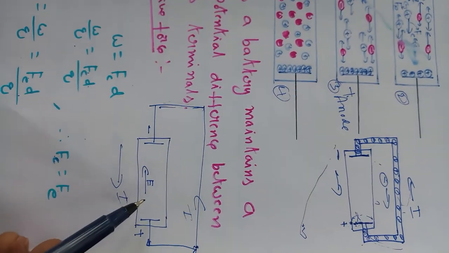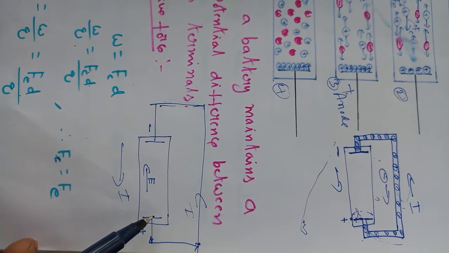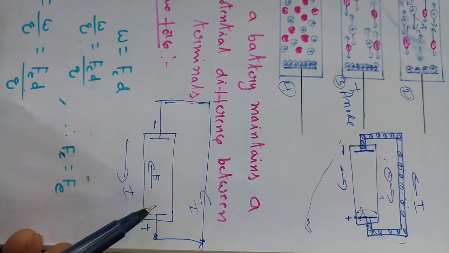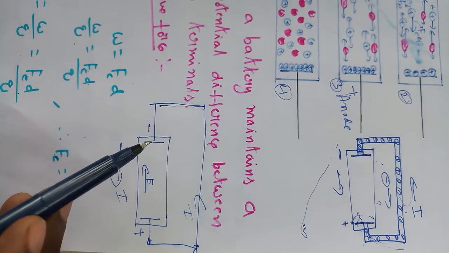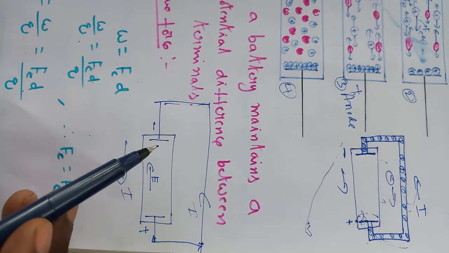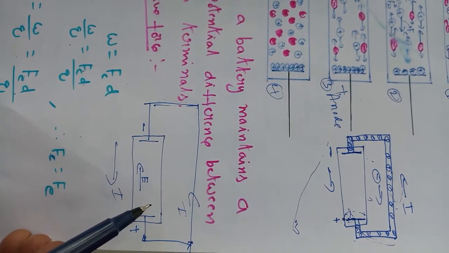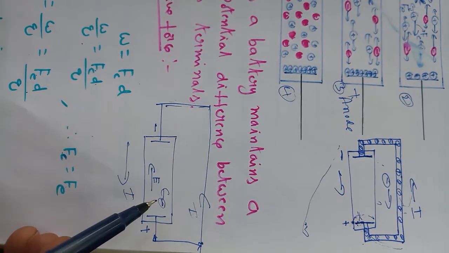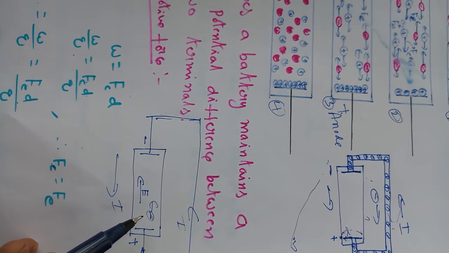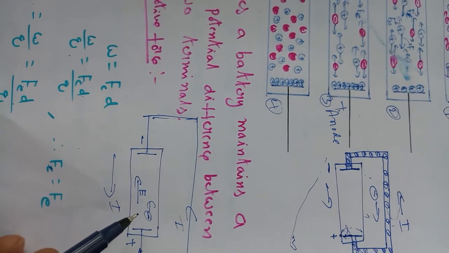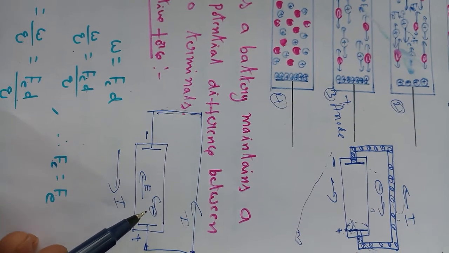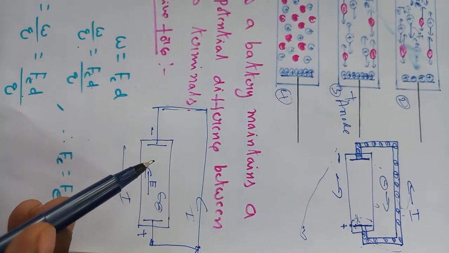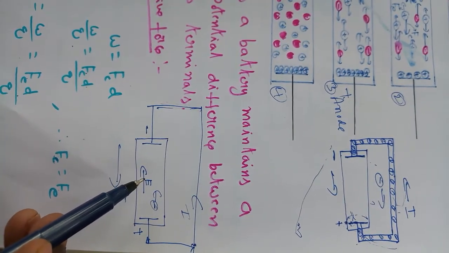Here, the chemical force pulls the electrons reaching the positive terminal and moves them towards the negative terminal. That means some chemical energy is utilized to move the electrons from high potential to low potential against the electric force.